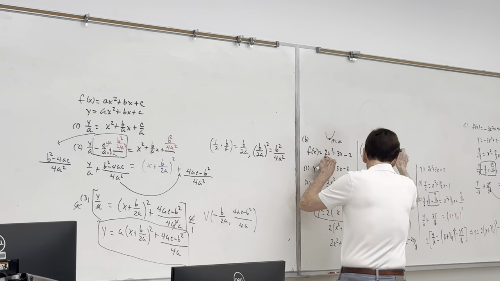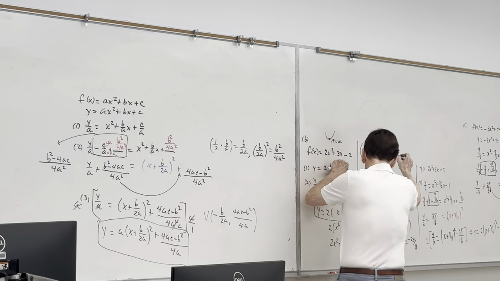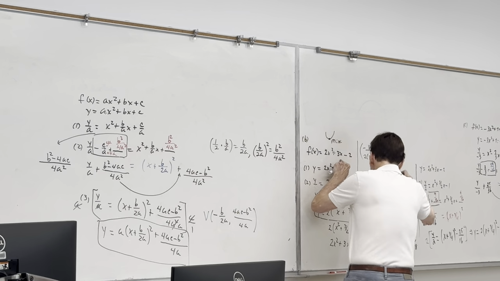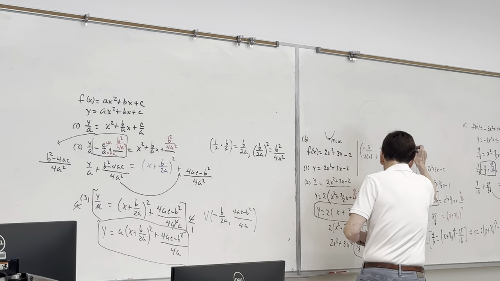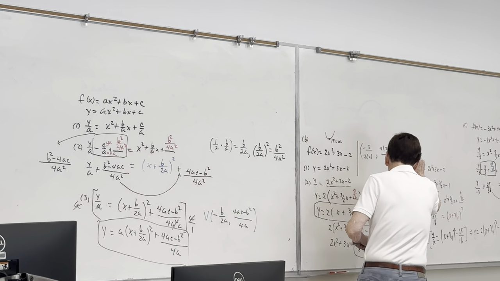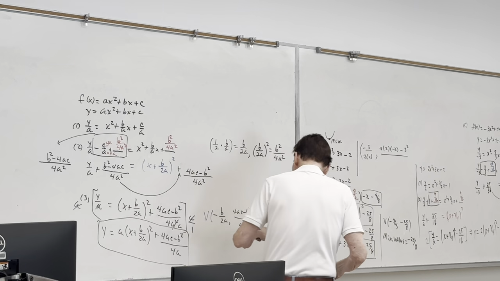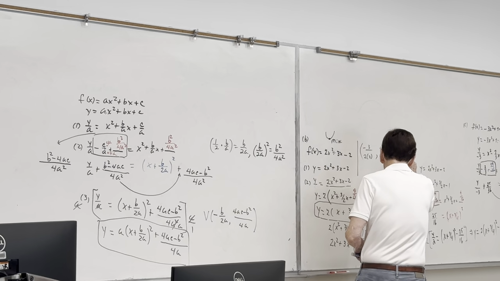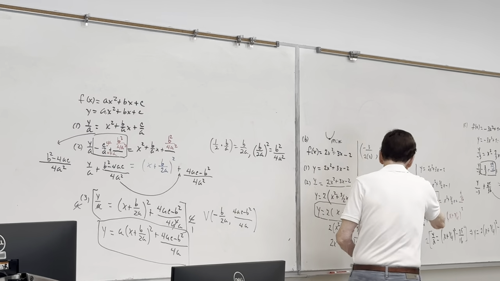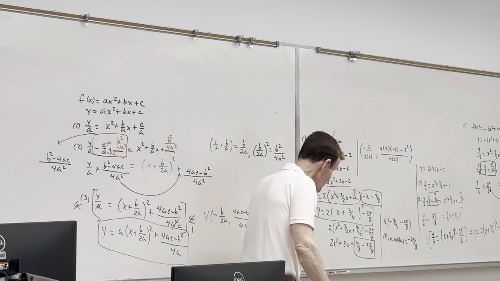A was a 2, c was a negative 2. I'm getting scared. Subtract b squared, 3 squared, all over 4 times a, 4 times 2. I just plug in numbers here.